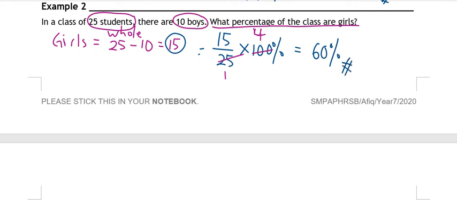So you are saying that 60% of the class is girls. And what about the boys? A whole percentage is 100%, so the boys made up 40% of the class, because 100 minus 60% is 40%, right?